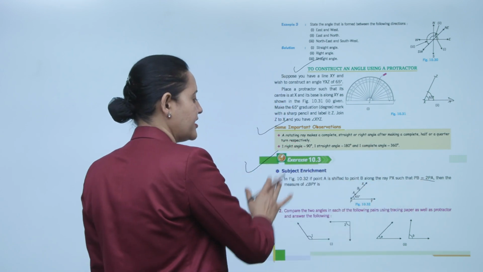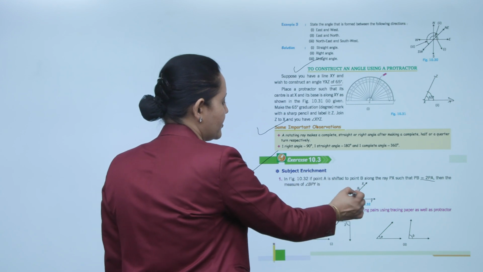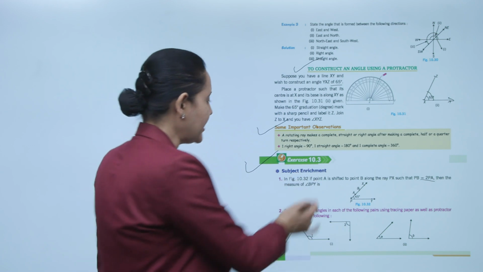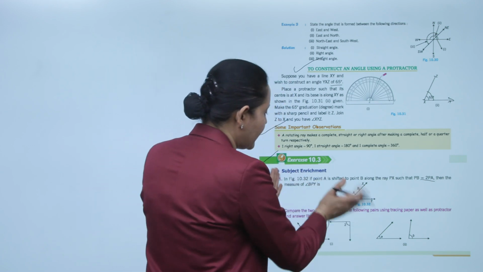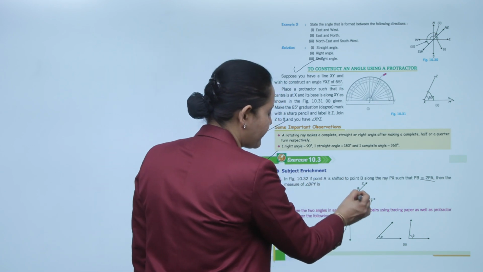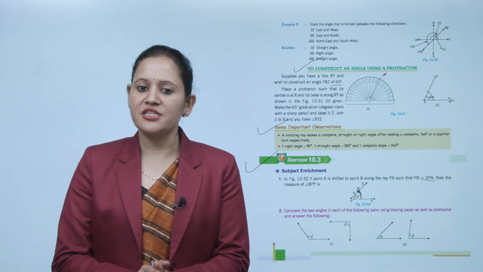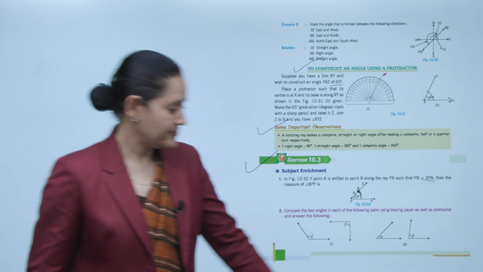So the measure of the angle will not change, because the measurement of an angle is equal to the opening between the two arms. So the angle will not change, it will be 45 degrees only.